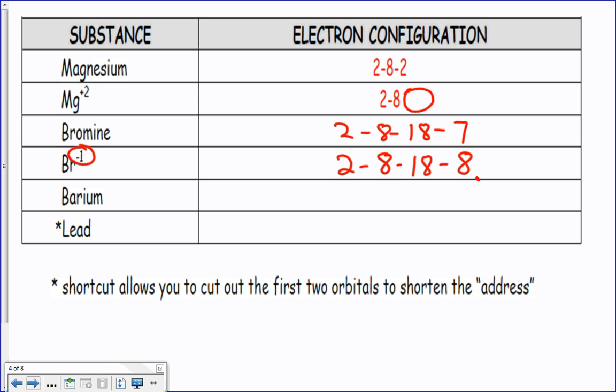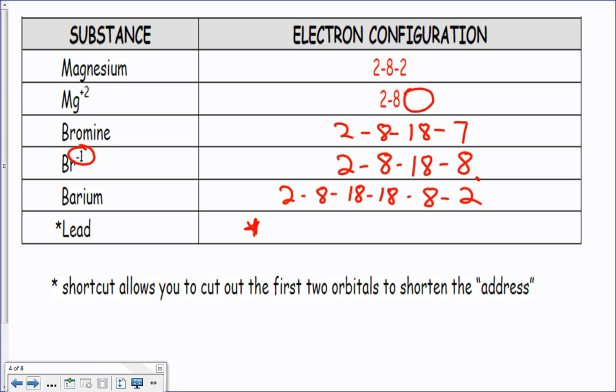Okay, barium. Where are you, barium? I see bromine very easily. I always find bromine first. Here's Ba, barium: 2, 8, 18, 18, 8, 2. And then it says lead. Lead is Pb. And there is an asterisk.